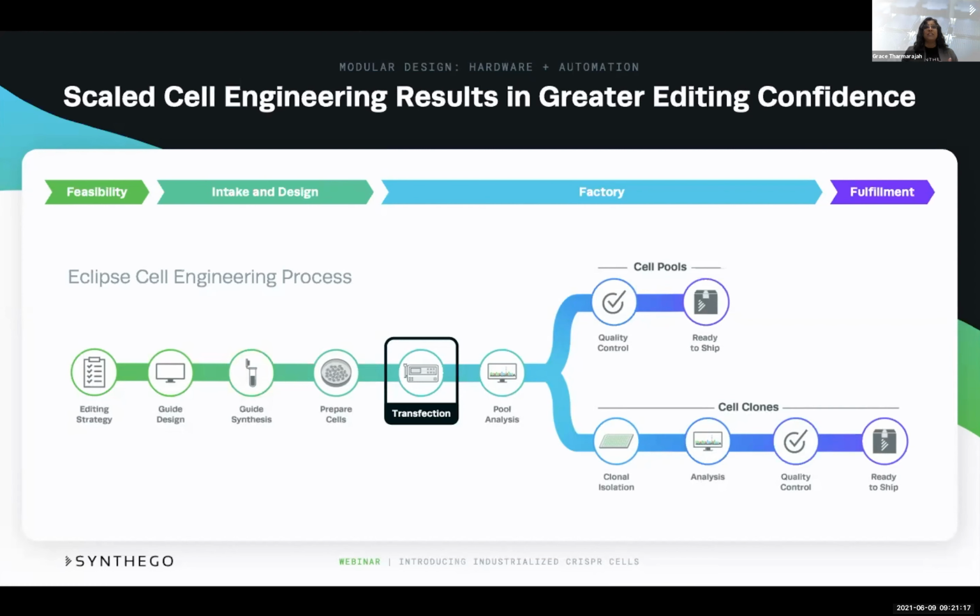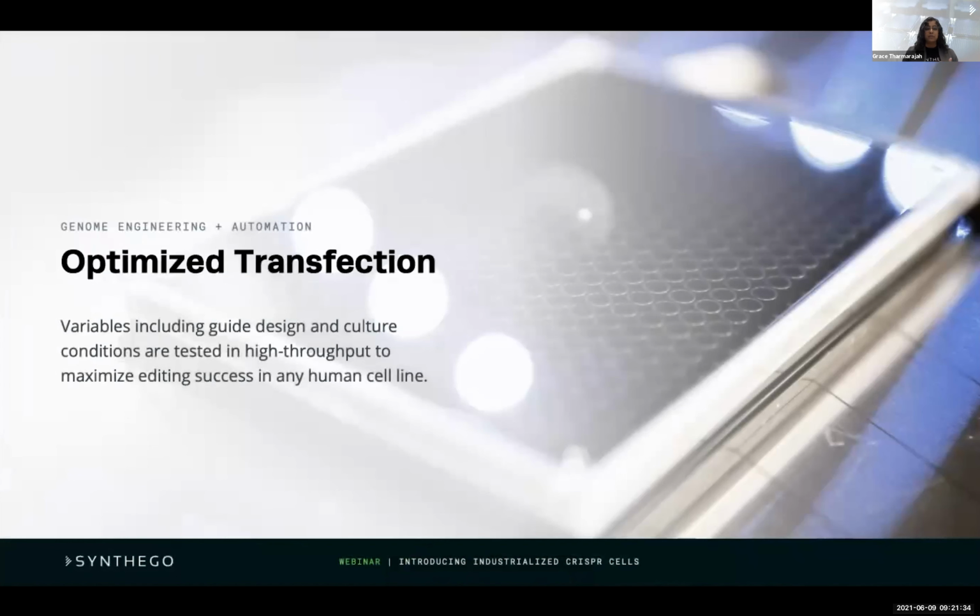Of course, you can imagine that the transfection module is a very pertinent one, so we're going to spend some time on that, and we'll also spend some time on the clonal isolation workflow. Let's dive right into the optimized transfection that is captured in our module. Our high throughput method used for transfection allows us to test several parameters at once.